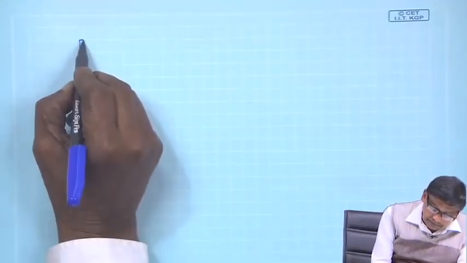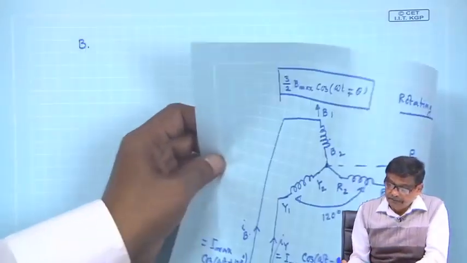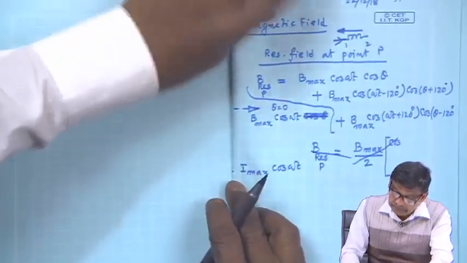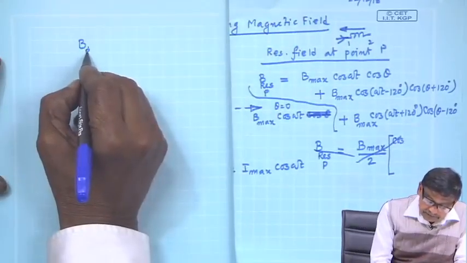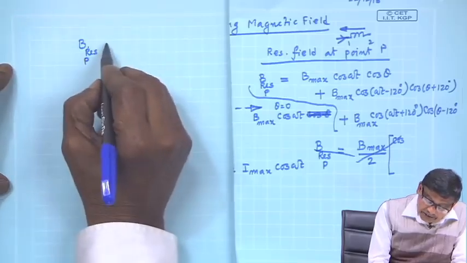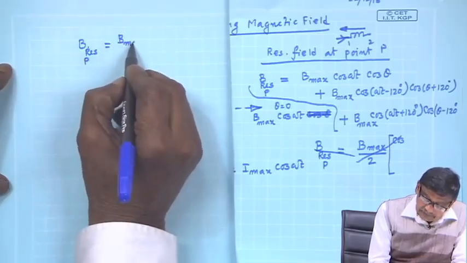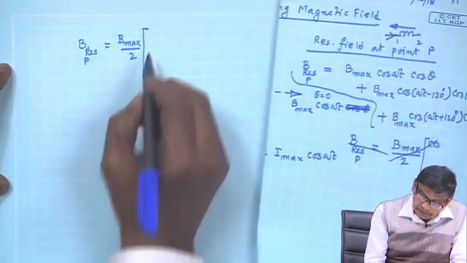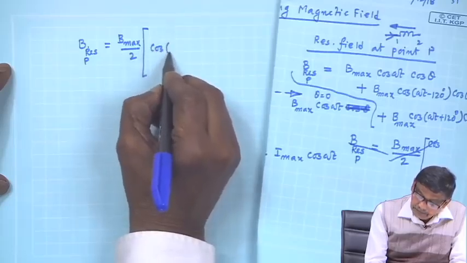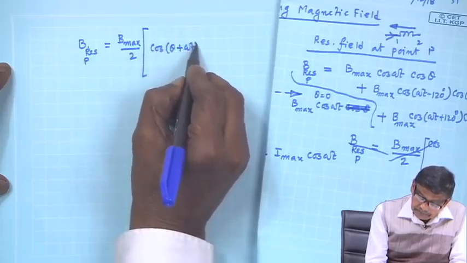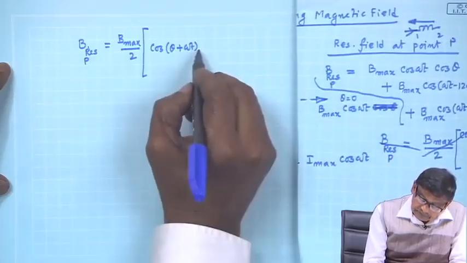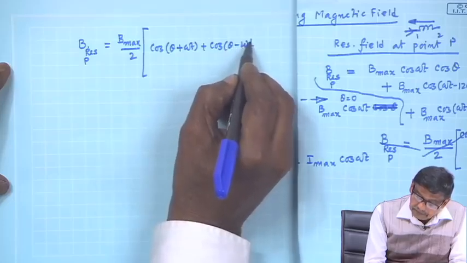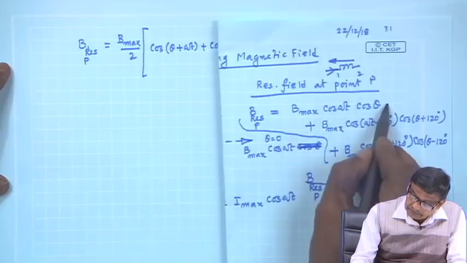So, B resultant at point P will be B max by 2, and then 2 cos A cos B is cosine A plus B plus cosine A minus B, the first term.